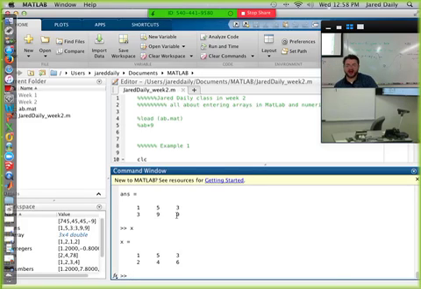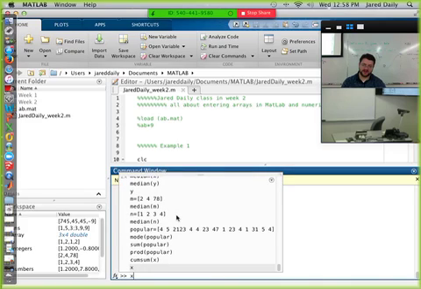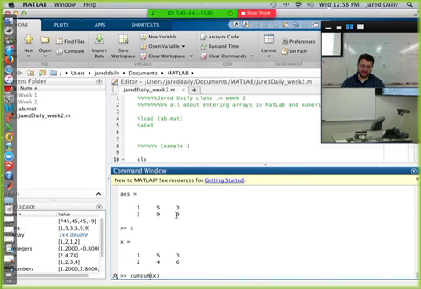And the cumulative product does a very similar thing. So if I use cumulative product instead of cumulative sum, then I get 1 times 2 is 2, 5 times 4 is 20, and 3 times 6 is 18. And that can be really, really useful for doing lots and lots of calculations.